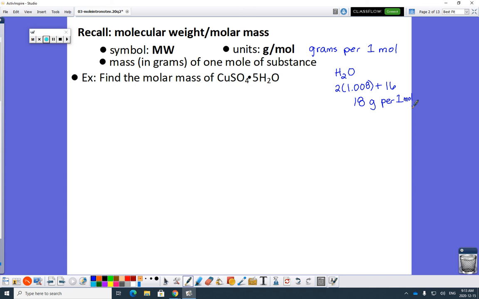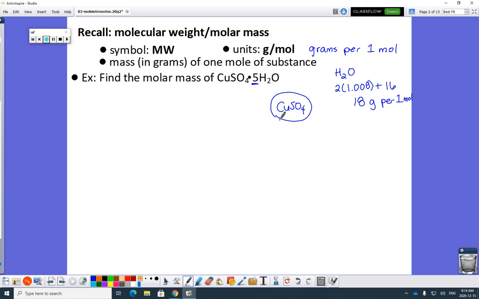So this example is going to review the molecular weight or molar mass, but I also snuck this in there. Now, some of you are asking me about this because it is one of the last questions. We're going to talk about hydrates tomorrow morning as well. So this molecule is a hydrate. So what this means is every single copper sulfate has 5 waters attached to it.